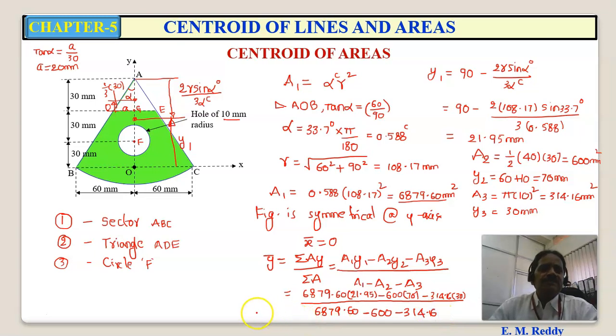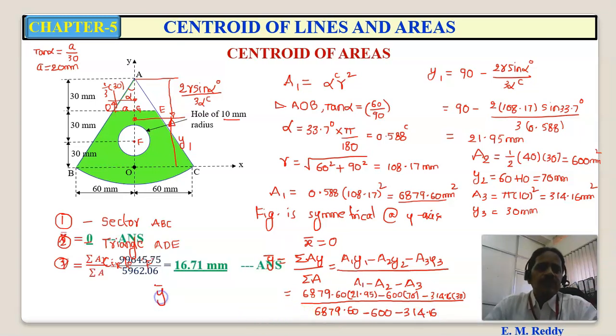So solving this, you will get y bar is equal to 16.71 millimeters, whereas x bar is 0. So this is our answer.